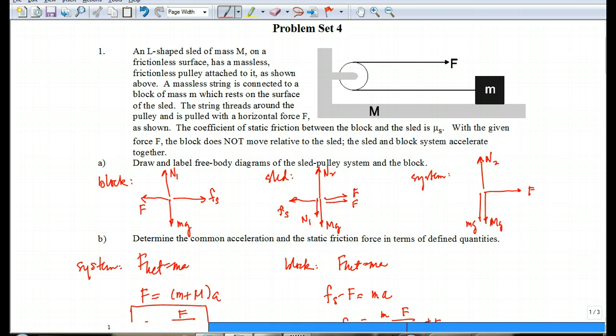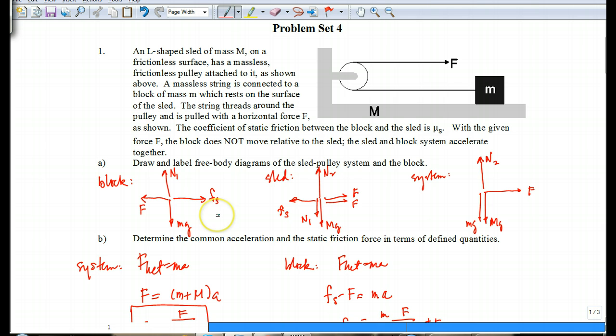For the first problem, we have a sled and a block. First of all, the free body diagram of the block. We have forces acting on the block: the tension of the string pulling to the left.